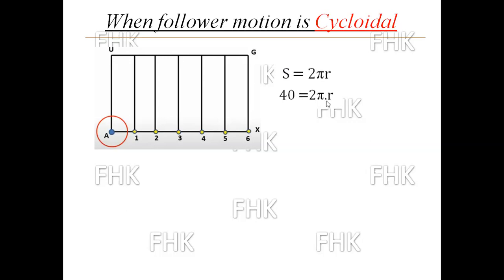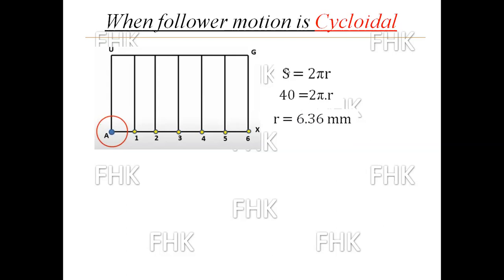So we have to find the value of r. Putting the values, I find r is equal to 6.36 mm. That distance you have to keep in the compass. Okay, 6.36 or 6.5, and by taking that much distance, with A as the center, I will draw the circle here.